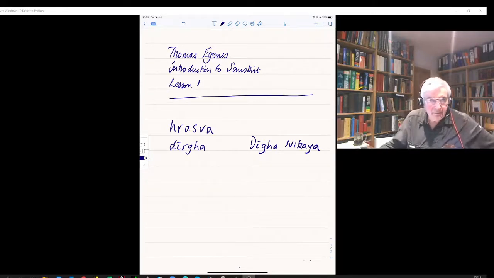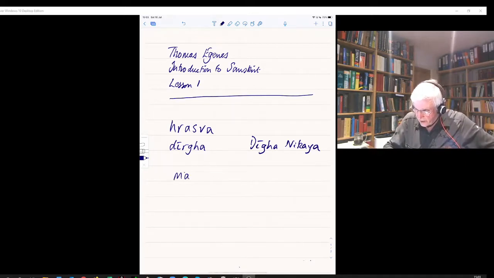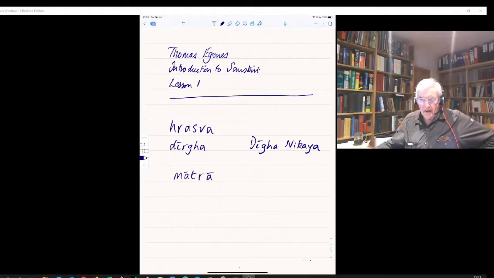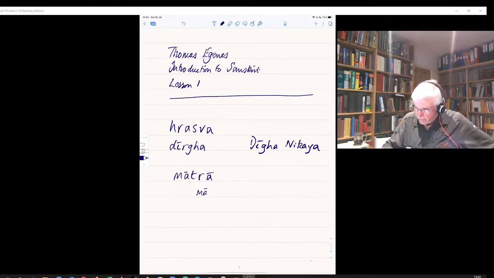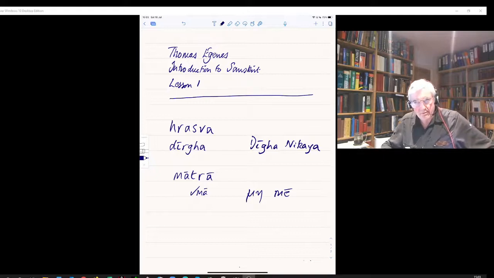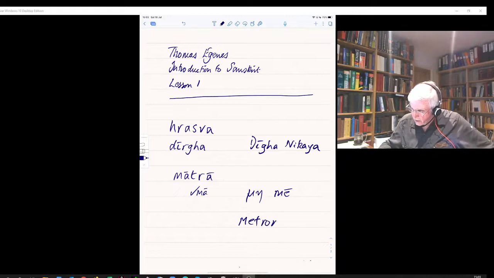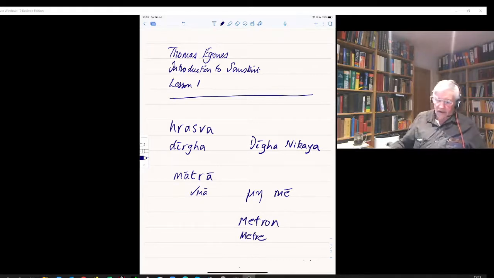So look at this word matra then, in the light of what I've just said. Matra means a measure. It's from the root ma, and in Greek, I'll write it here, the long e, also that root measure, and the Greek word metron, which we have as meter, it's that same word.